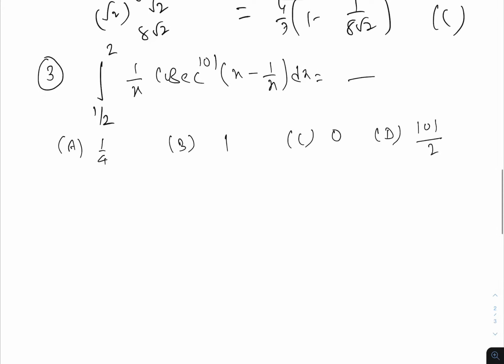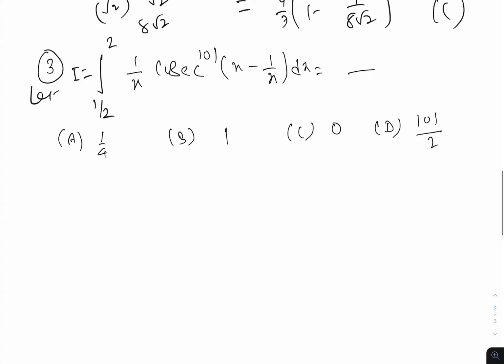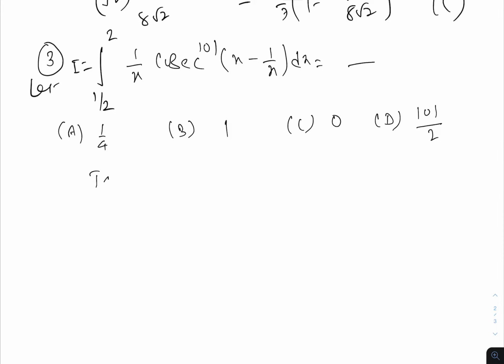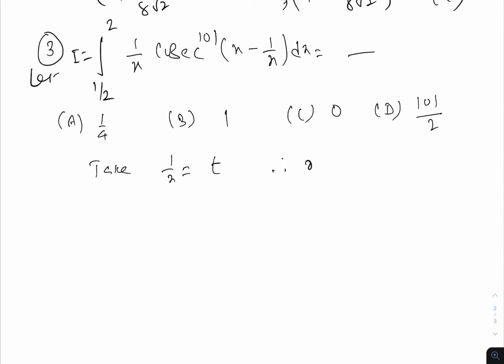Now here, we write this as I, and what we do here is we take 1 over x equal to t, say, and therefore x is equal to 1 by t. dx is minus 1 by t square dt. What about the limits?